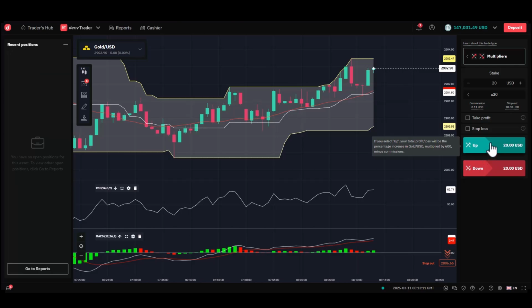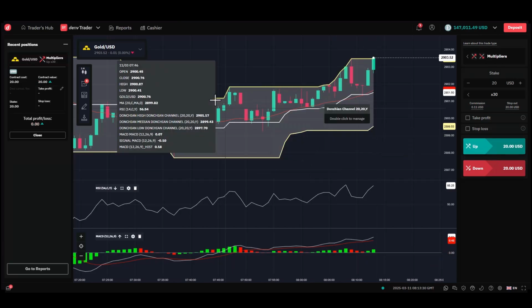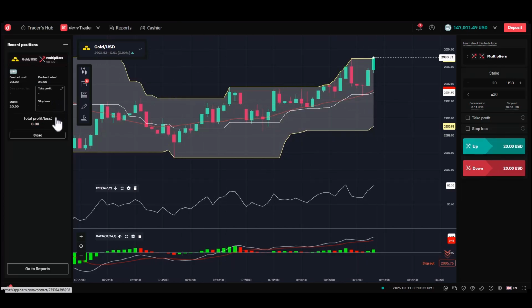And let's go with an up. And just to show you, a multiplier is a little bit more like a CFD actually, because it'll be running. So I've placed that, it's $20 with a leverage of, and is it running at the moment? It should be running. Yeah, can you see here? Right now we've got no profit or loss.